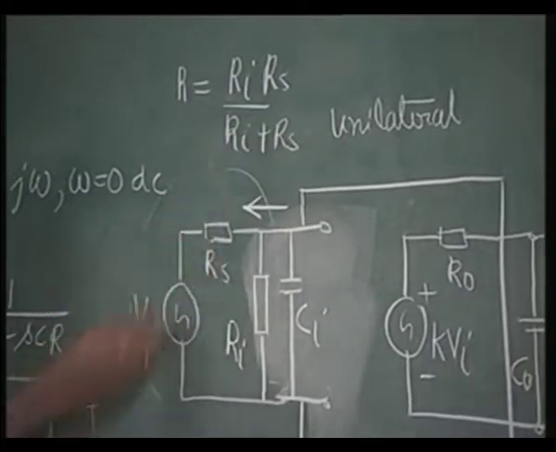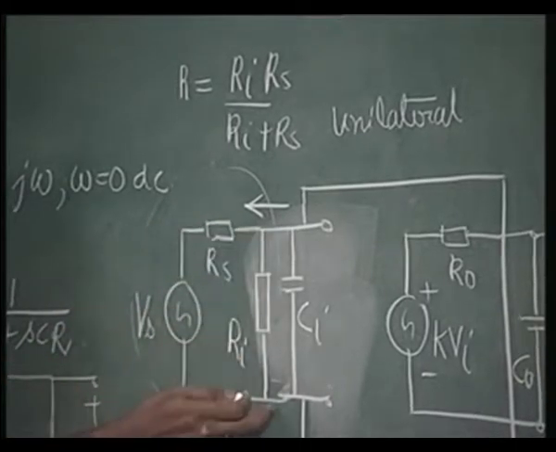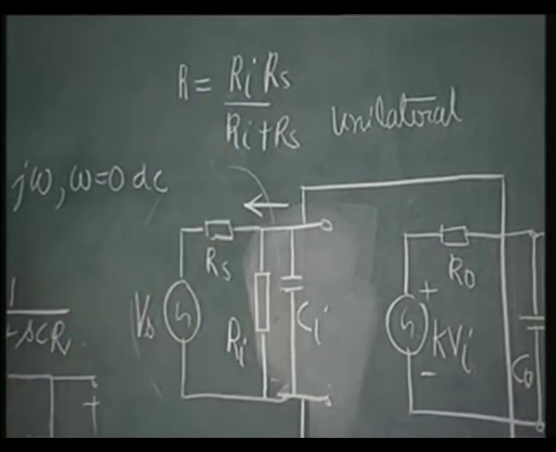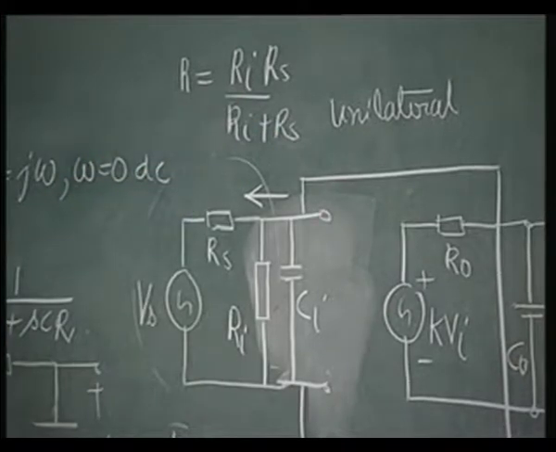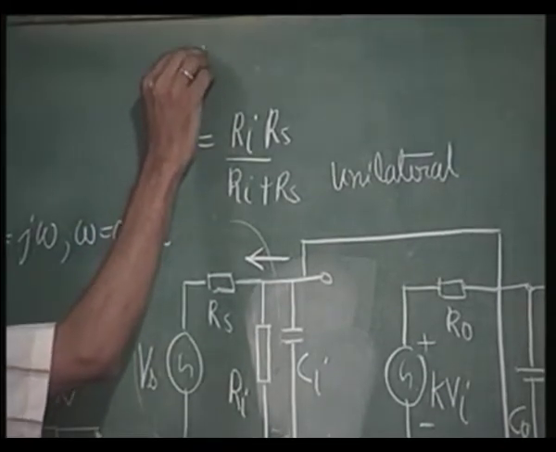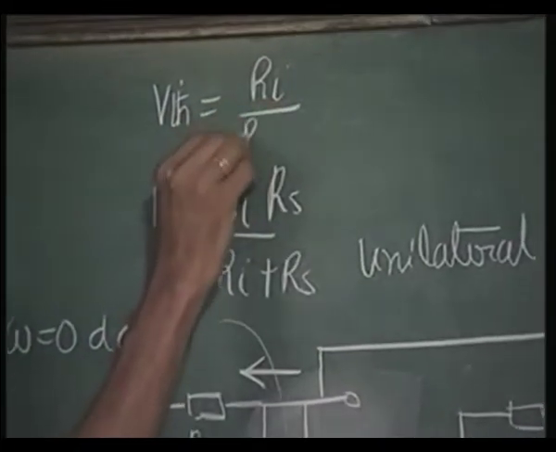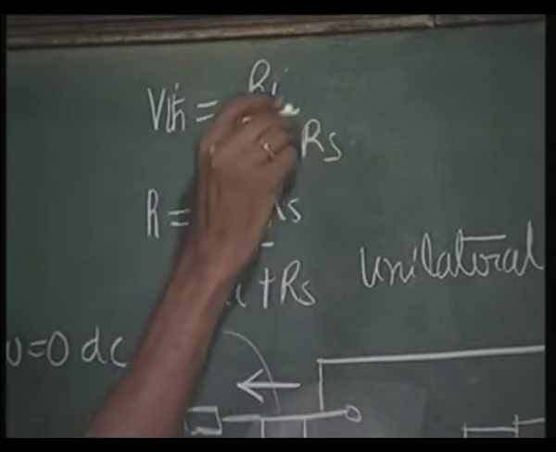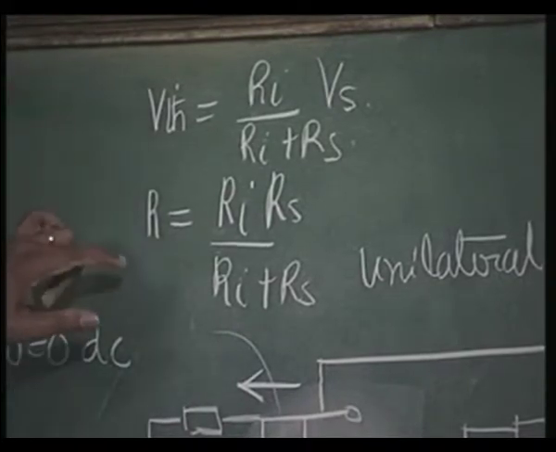How do I get it? Short circuit any voltage source and open circuit any current source and find out the effective impedance. So, the effective impedance is nothing but this. So, this R is equal to Ri parallel Rs, and therefore, the Thevenin's voltage is nothing but Ri divided by Ri plus Rs times Vs. So, I can always convert this in the following fashion, that it is a Thevenin's voltage new source with a new source resistance R at the input.